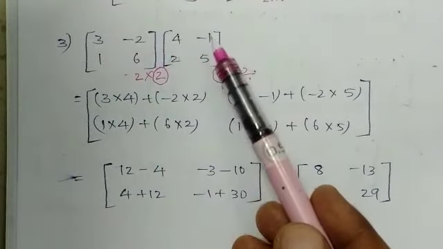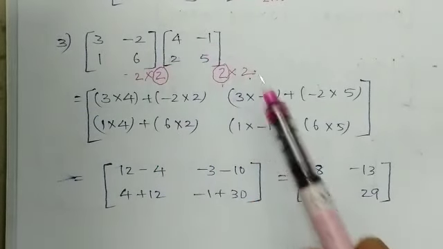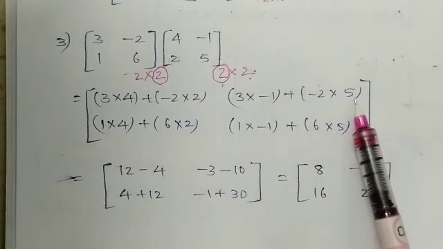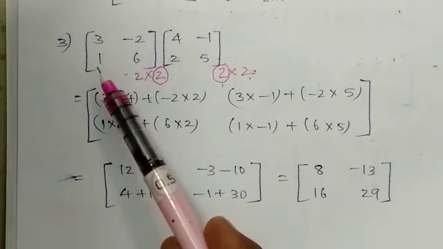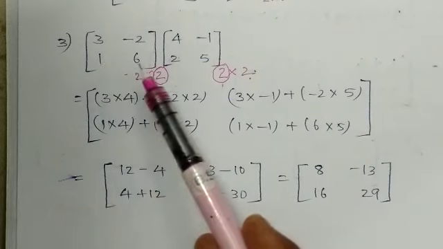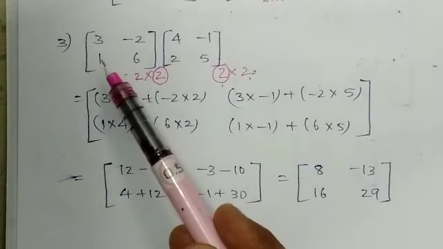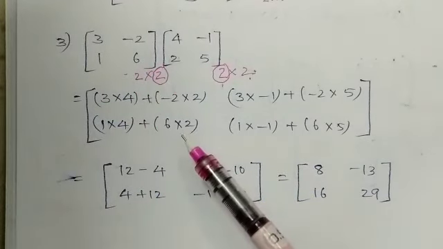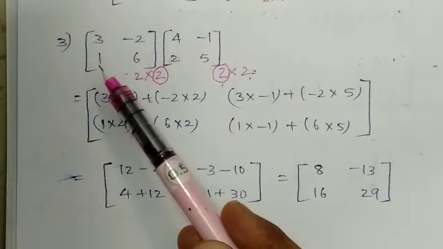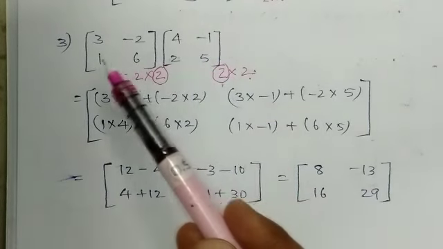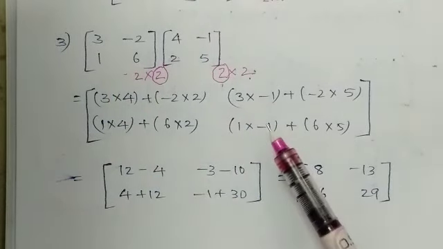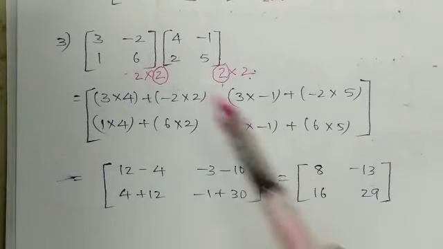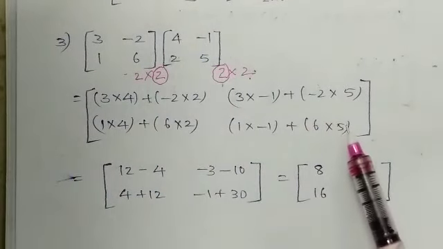First row, second column, 3 into minus 1 plus minus 2 into 5. Now second row, first column, 1 into 4 plus 6 into 2. Second row, second column, 1 into minus 1 plus 6 into 5.